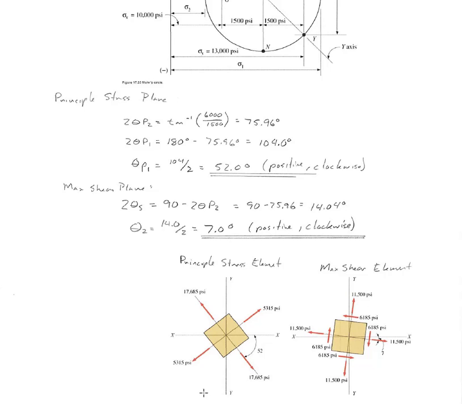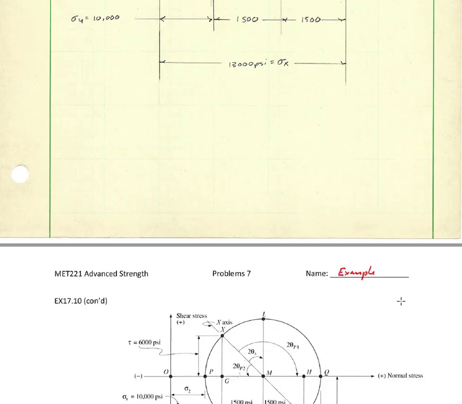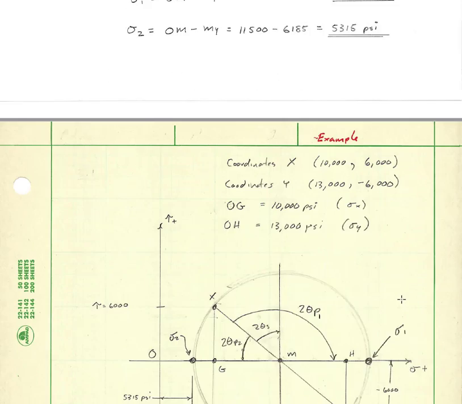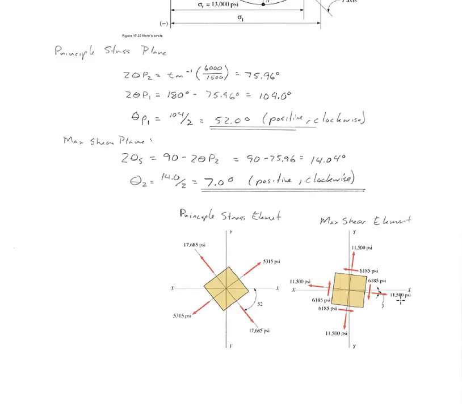So what you notice on the principal stress element, there are no shear stresses. Okay, it strictly exists as normal stresses at that orientation. Okay, and then here's our maximum shear element. So what we've done is we've calculated our maximum shear stresses. We calculated our maximum shear stresses as this 1,100 psi.